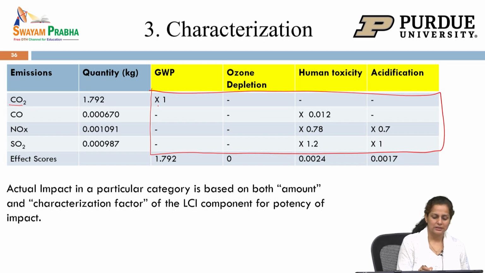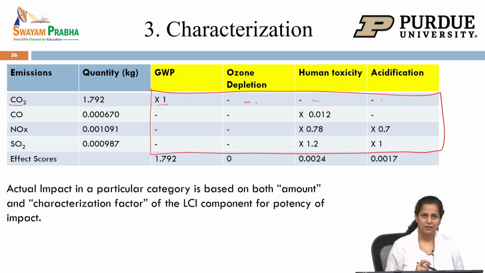So, this tells that your CO2 has 1 times contribution to impact in GWP, but in this particular impact assessment method, it does not have any characterization factor for ozone depletion, human toxicity or acidification, which means that CO2 is not going to contribute into these categories. Carbon monoxide is contributing into human toxicity, and you can see that your NOx is contributing both into human toxicity and acidification.